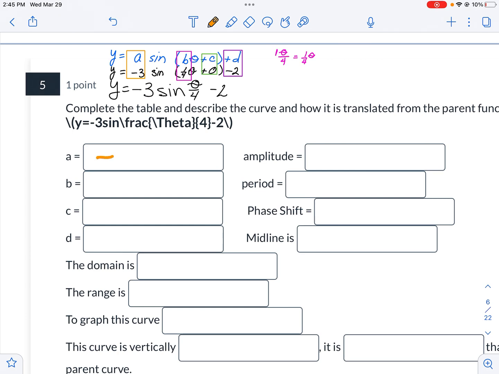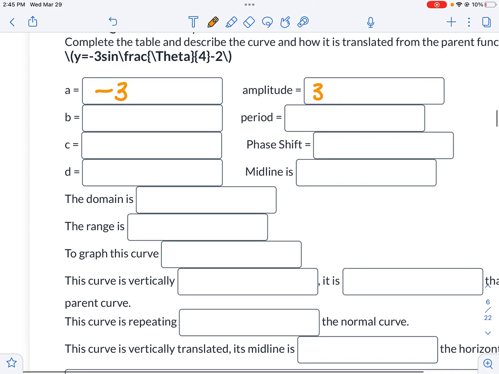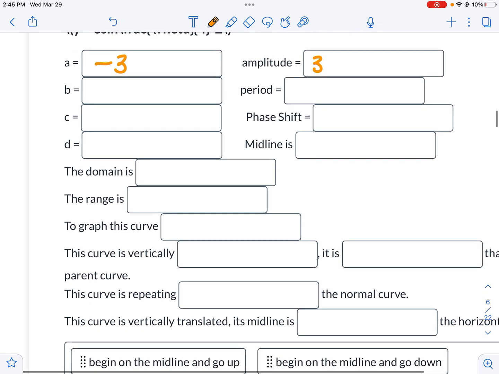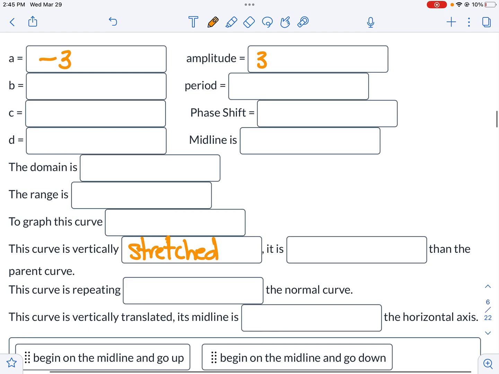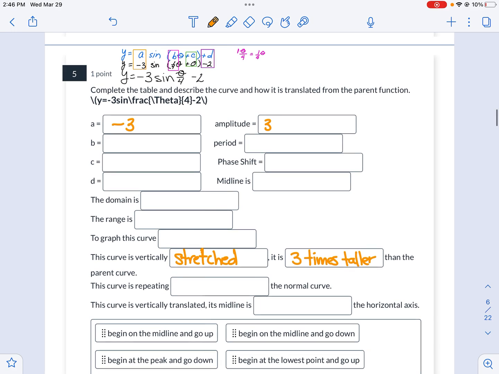A is -3. That means the amplitude is 3, and the curve is vertically stretched. It is 3 times taller than the parent.